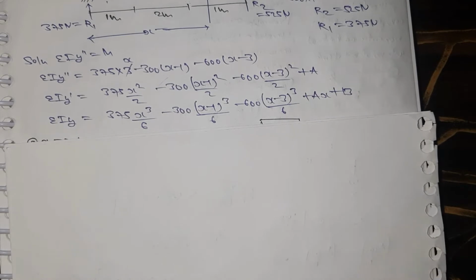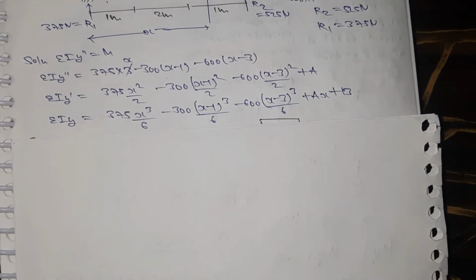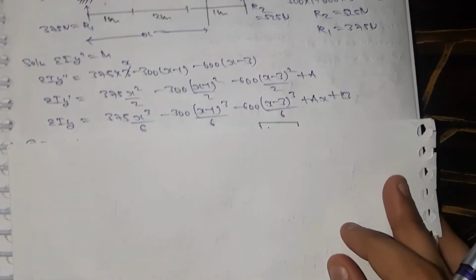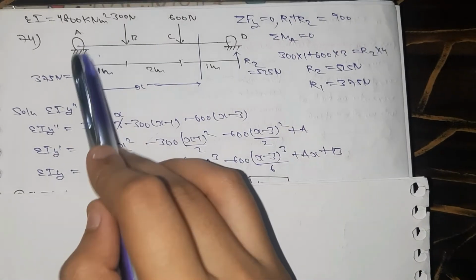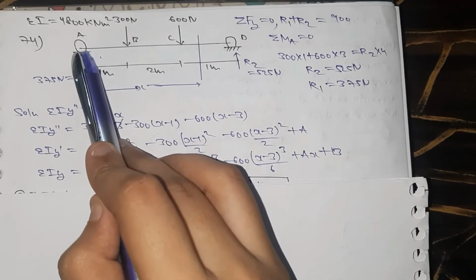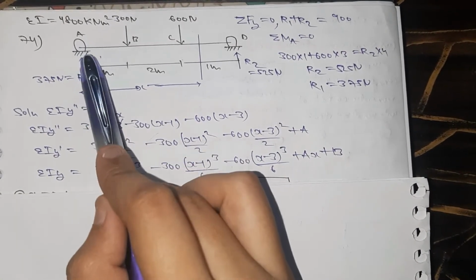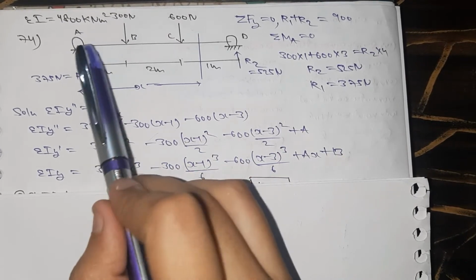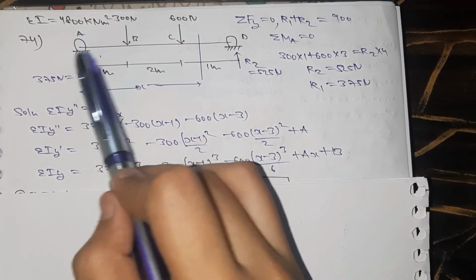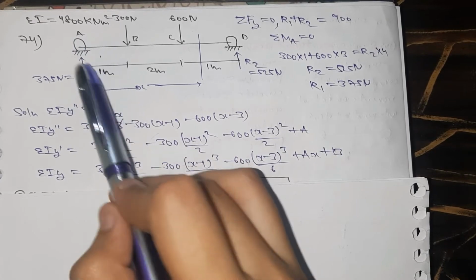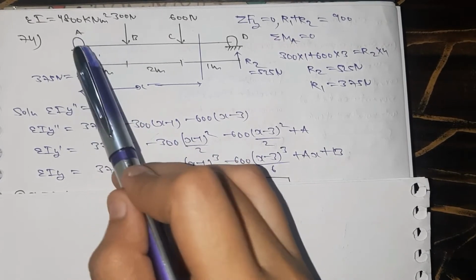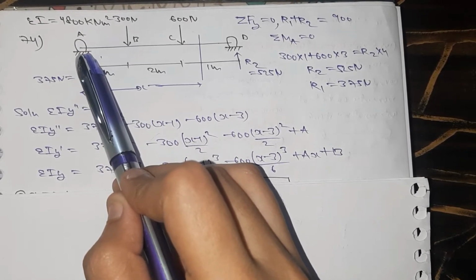Okay, great. Now what we are going to do is use boundary conditions. What are the boundary conditions here? As you can already see in the beam itself, if I take x at 0, there will be no deflection. Why? Because at point A a support is already present, and if there is a support, the support won't go downside.